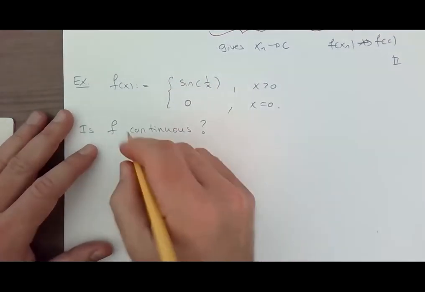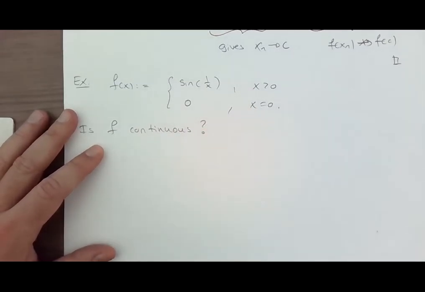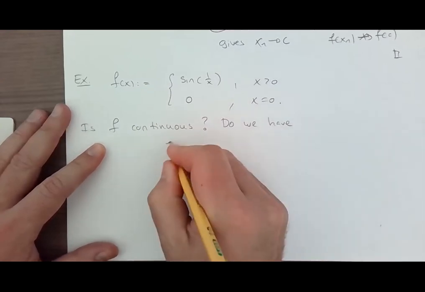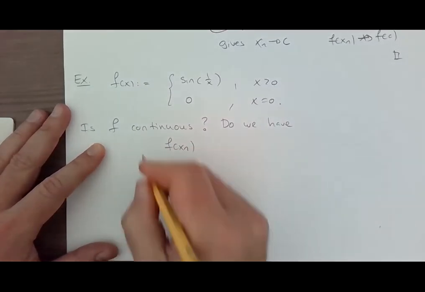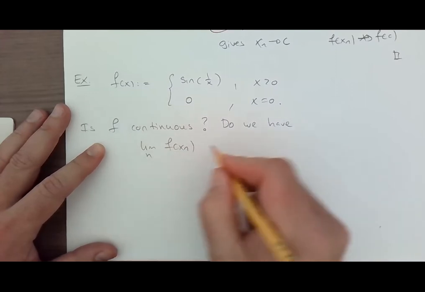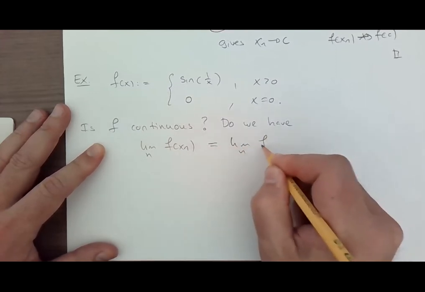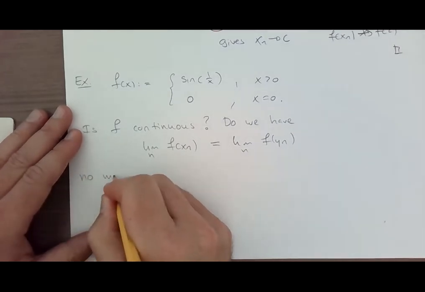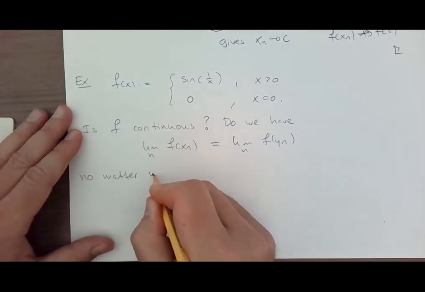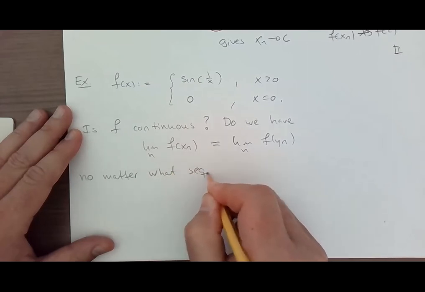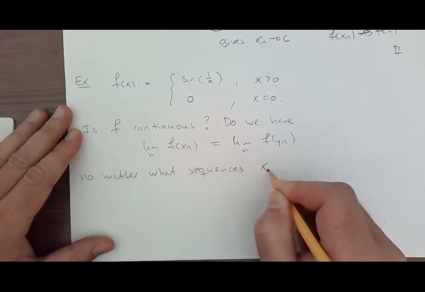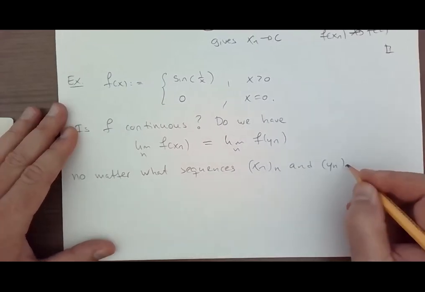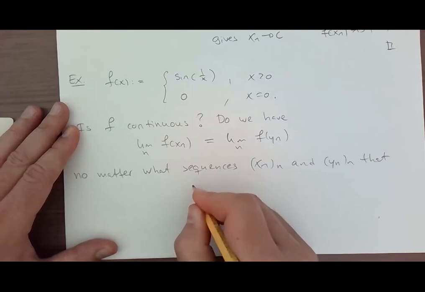So if we want it to be continuous, let's check out the point. Do we have that f of xn, if I take the limit as n goes to infinity, always gives the same value, no matter what sequences xn and yn converge to 0?